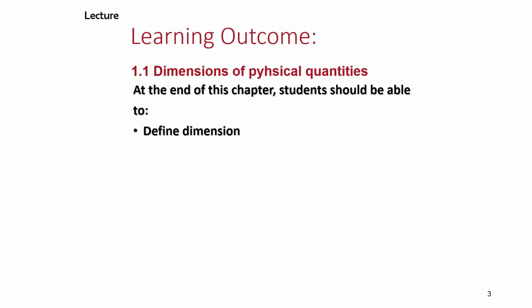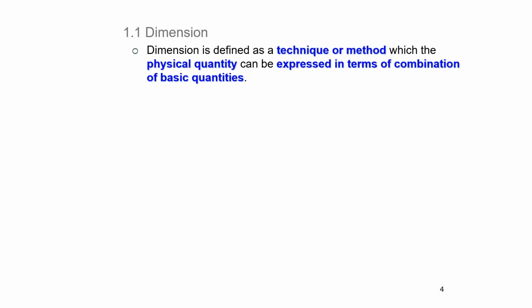For the first learning outcome, 1.1, Dimensions of Physical Quantities, at the end of this chapter, students should be able to define dimension. 1.1, Dimension. What does it mean by dimension?